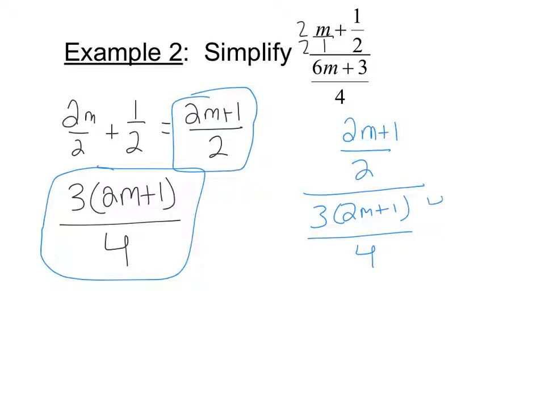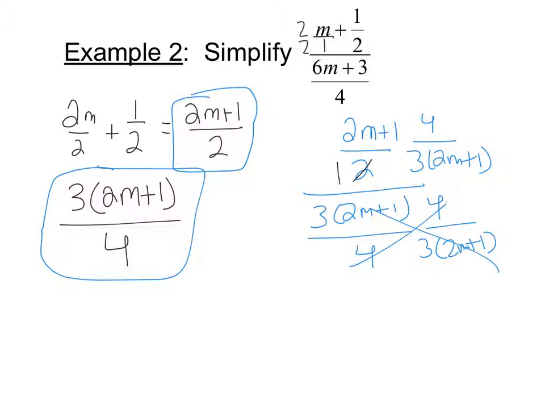Multiply by the reciprocal. So you flip it. These cancel. Now the top, I can say 1, 2, and this cancel. So I get 2 over 3.